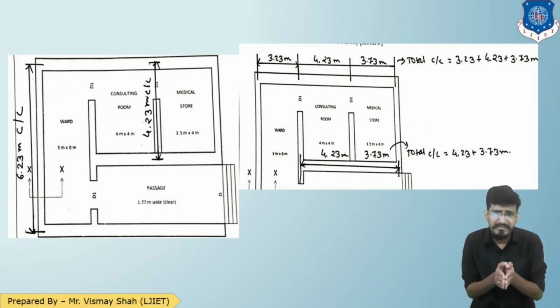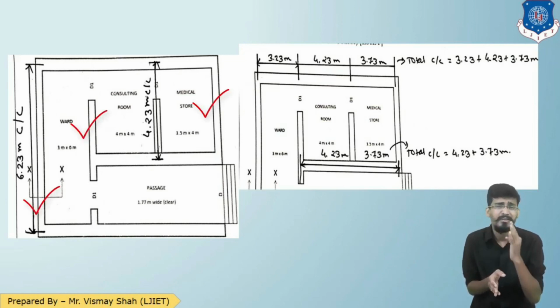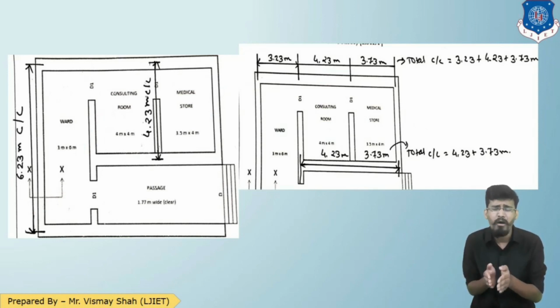So center to center distance for the vertical wall of the ward will be 6.23. Now there are 3 vertical walls, as I have highlighted in the figure here. So 3 into 6.23.